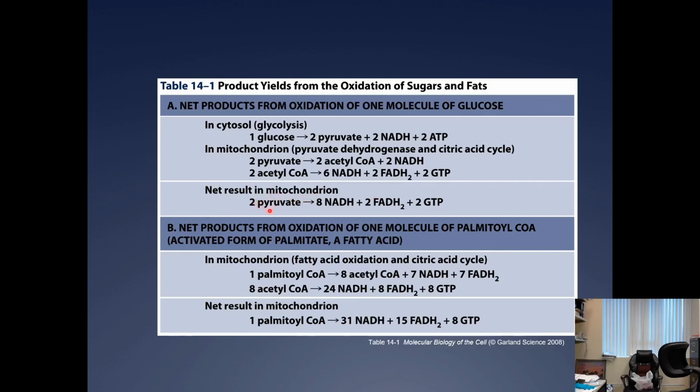So the net result in the mitochondria is 2 pyruvates become 8 NADHs with high energy electrons, 2 FADH2, and 2 GTP molecules.